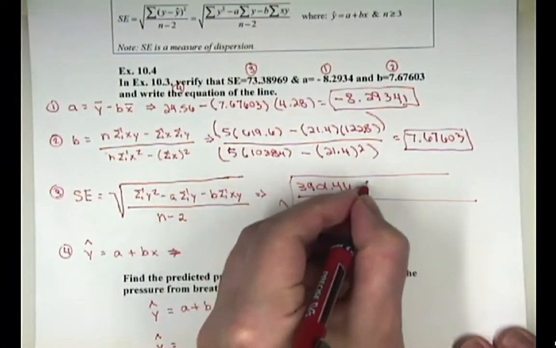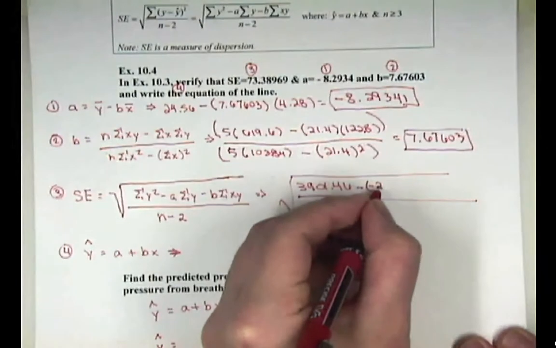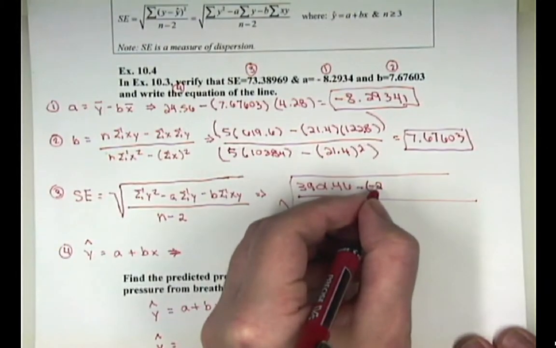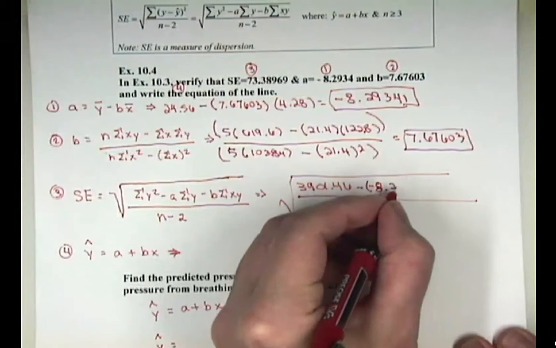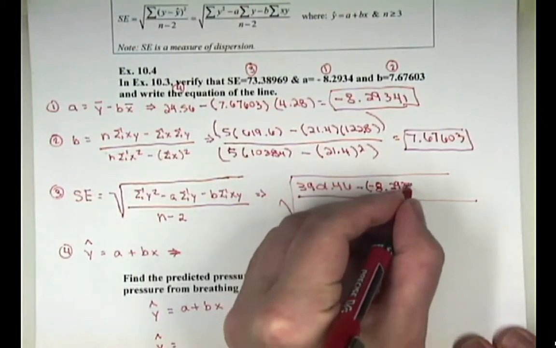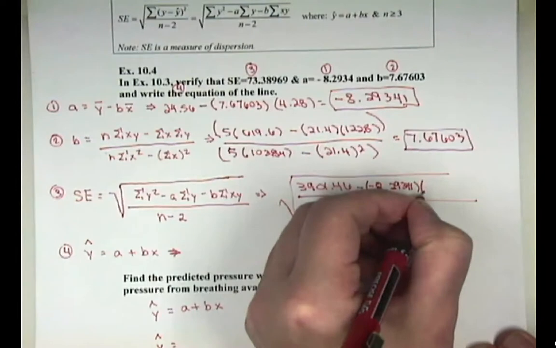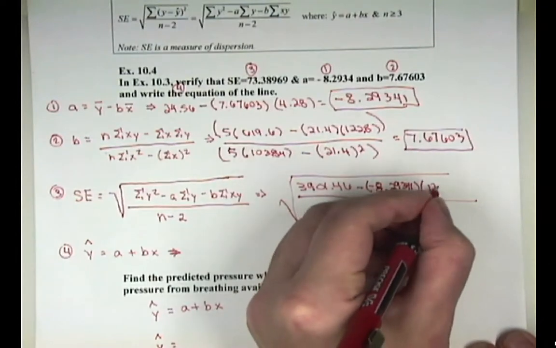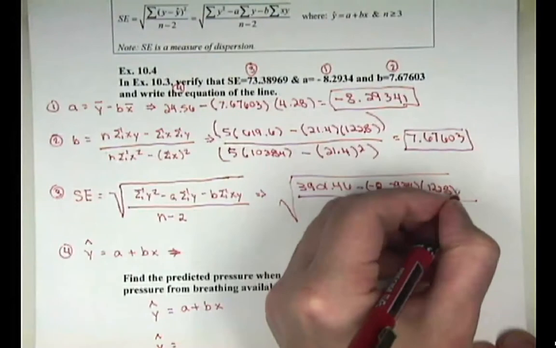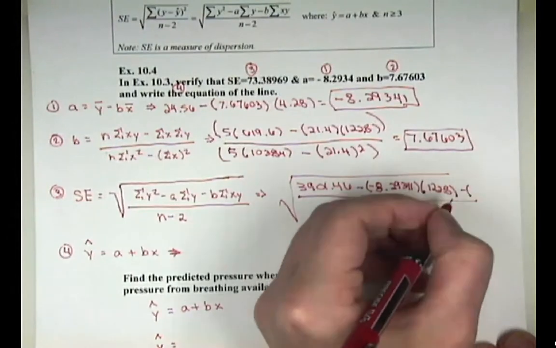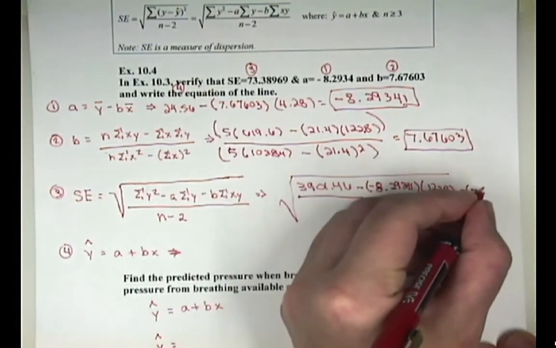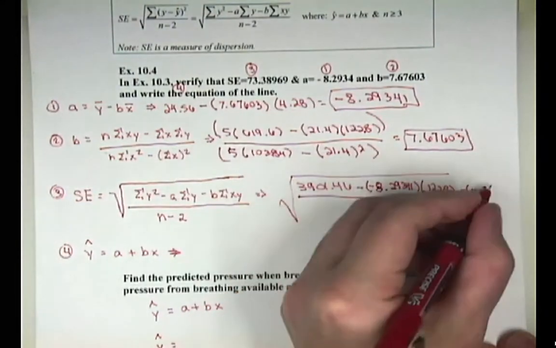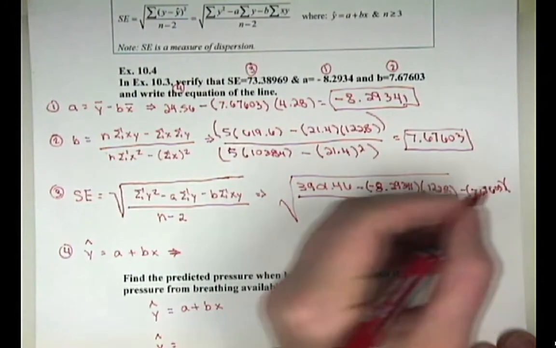Minus A, which is the negative 8.29341 times the sum of the y's, which is 122.8, minus b, which is 7.67603 times the sum of the xy's.